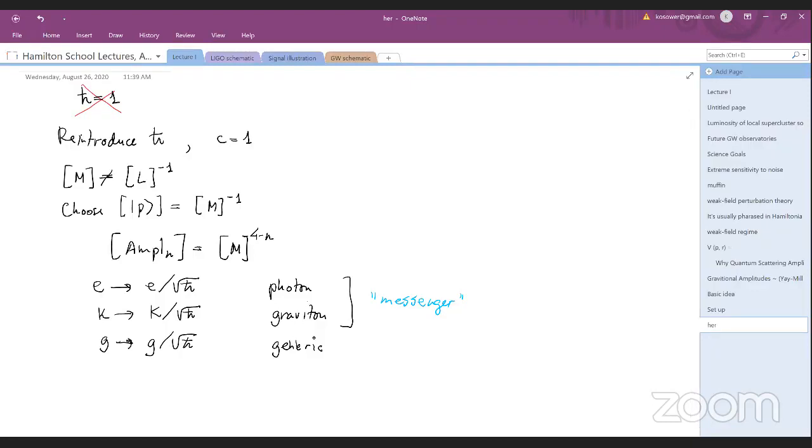The e on the left is the e that you would write down when you're setting h bar equal to 0, and then I want to replace that with an appropriately dimensioned e that has all the powers of h bar made explicit, and that's the object on the right-hand side of the arrow.